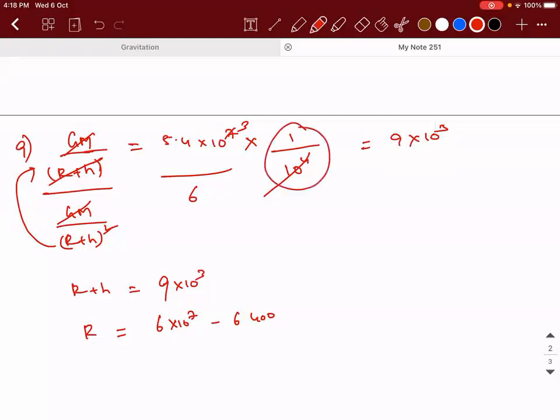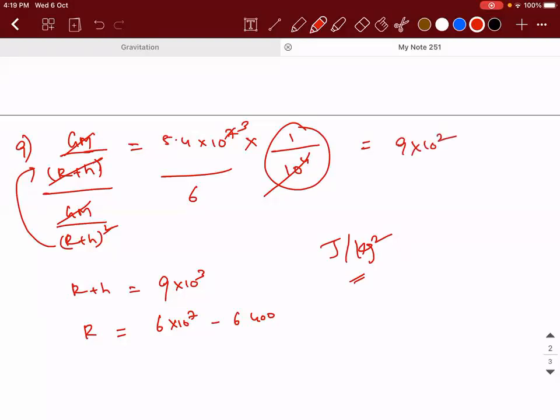Did you guys understand why I wrote this 1 by 10 power 4? Because the potential is given as joule per kilogram square, but I want it in terms of joule per meter square. Sir, how is it 9? 5.4 by 6, 0.9. So it should be 9 into 10 to the power 2. 9 into 10 power 2.